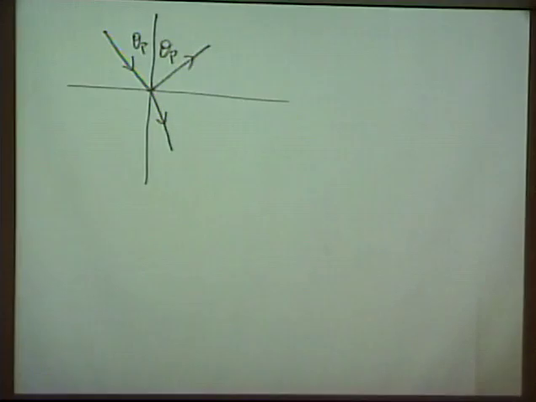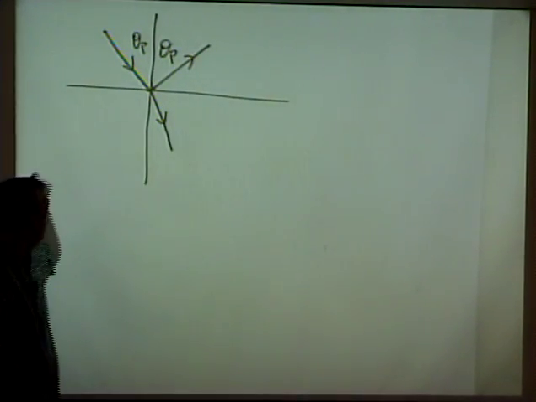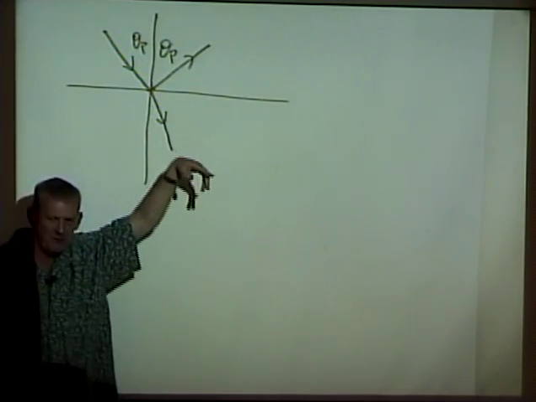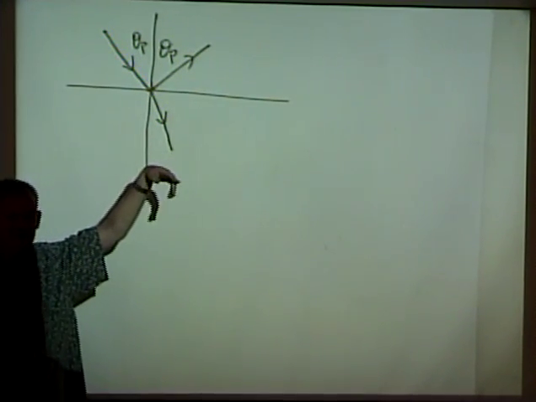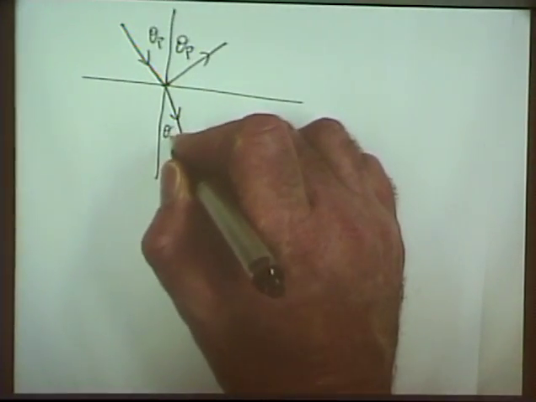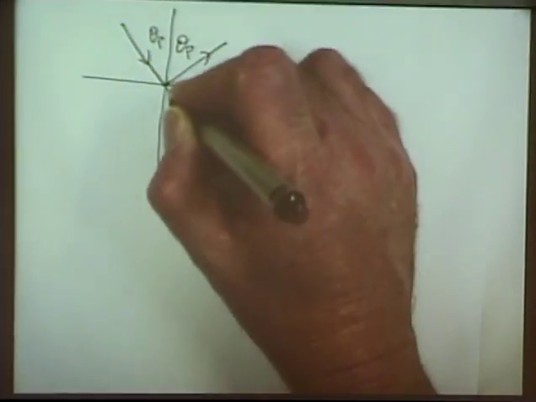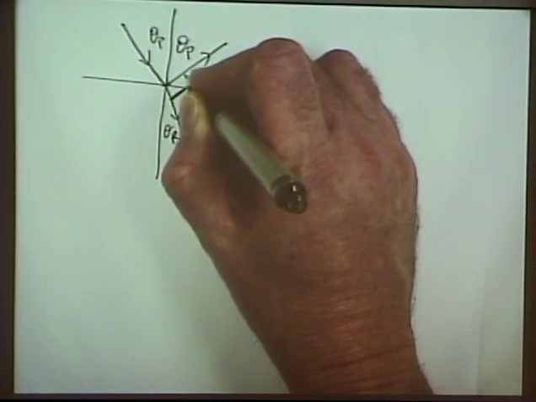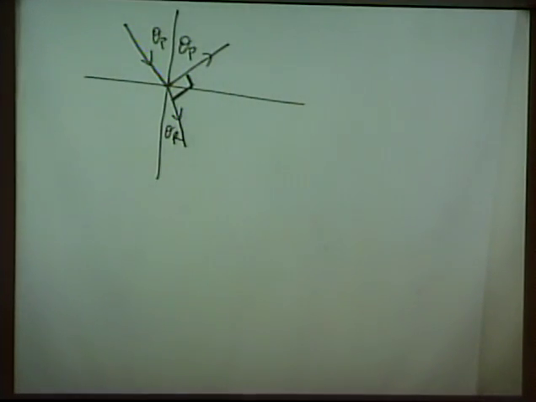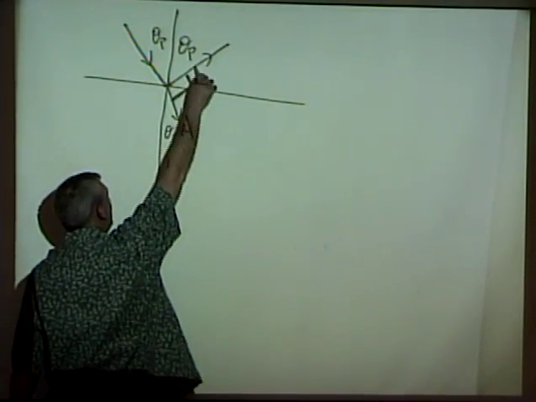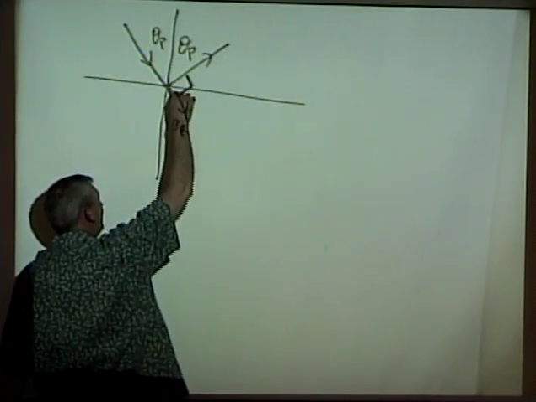Even though I've almost drawn it this way, I can't use those alternate angle theorem type things. But here's my angle of refraction, theta r, and I want this to be 90 degrees. This has to be 90 degrees. Now look, this theta p occupies this right here. This is 90 degrees.